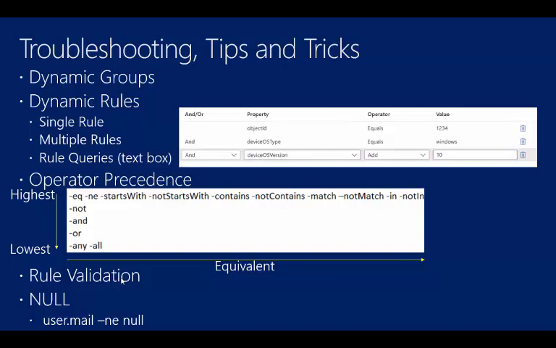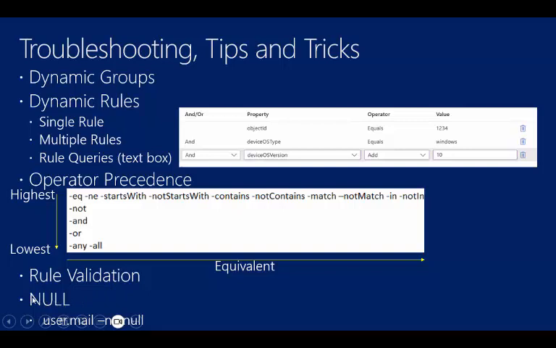We want to make sure that the property, the operator and the value you're putting in make sense, syntactically or mathematically or whatever makes sense. We're not going to guarantee the outcome of what you do; that's up to you, but we're not going to let you save something that doesn't make sense to the query engine.